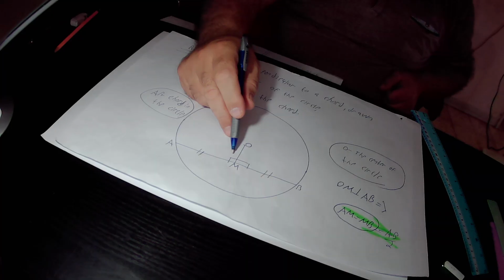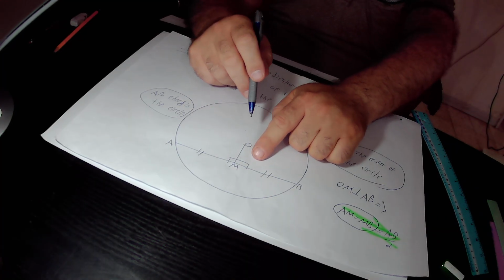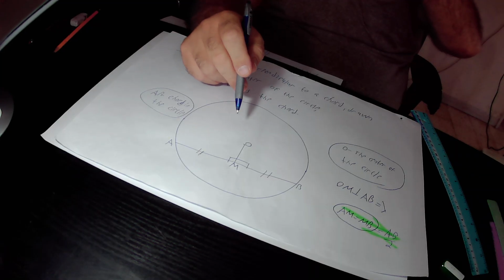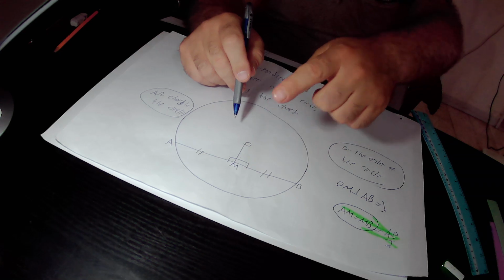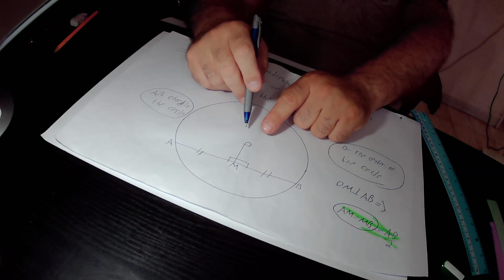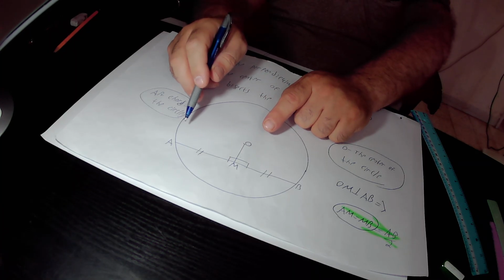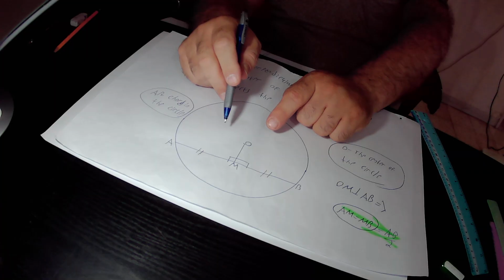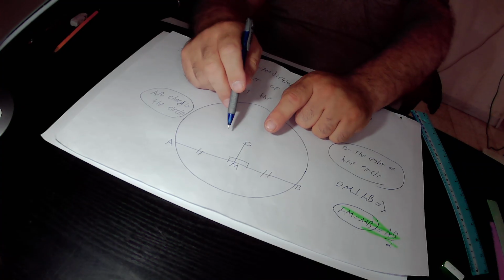So this angle equals 90 degrees, and this angle also equals 90 degrees according to our construction. And according to rule 11, the perpendicular OM drawn from the center of the circle, point O, bisects chord AB.